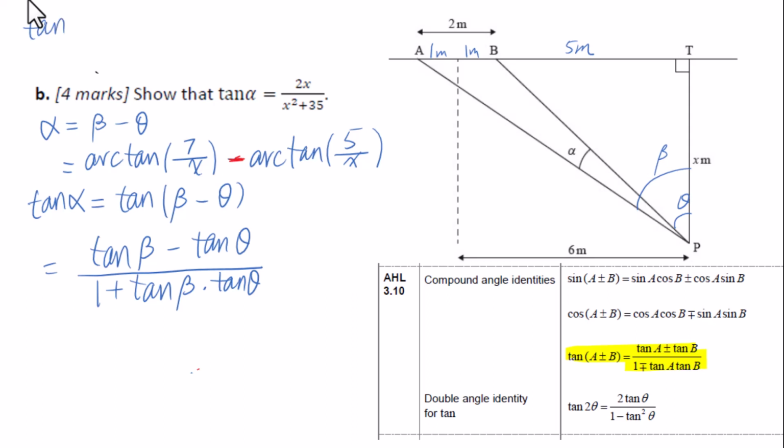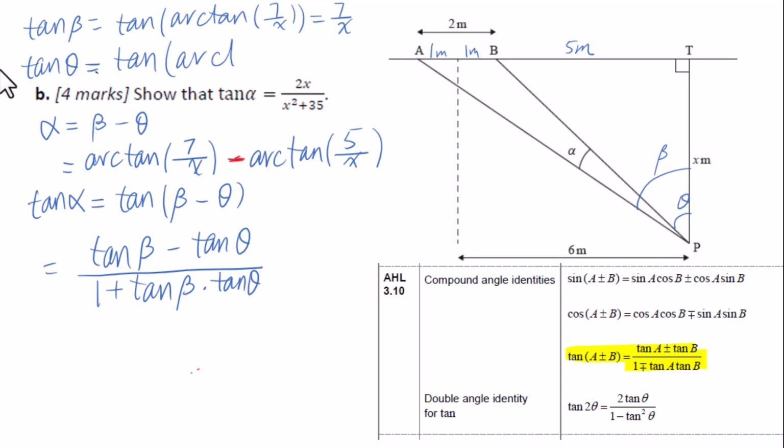For tangent beta equals tangent arc tangent 7 over x equals 7 over x. Tangent theta equals tangent arc tangent 5 over x equals 5 over x. So we do the substitution.